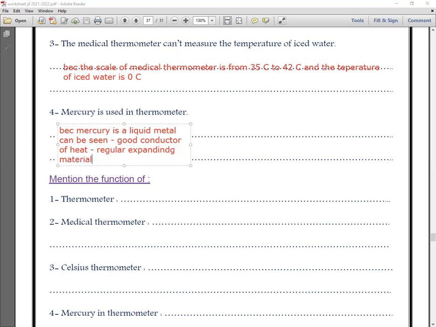Number 4, it doesn't stick to the walls of the capillary tube.